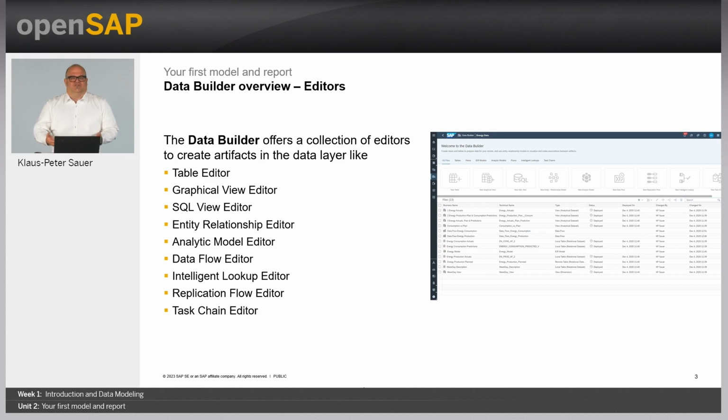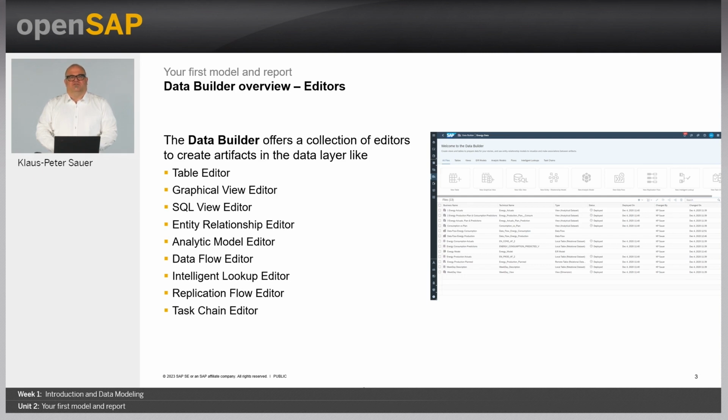The entity relationship editor allows you to create entity relationship models, arranging your local tables and views and their relations to each other. The analytic model editor is used to define multidimensional models for analytical purposes. So you can basically model cube-like structures with facts and dimensions there.